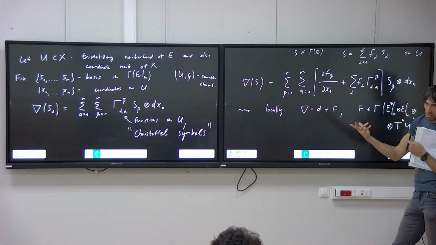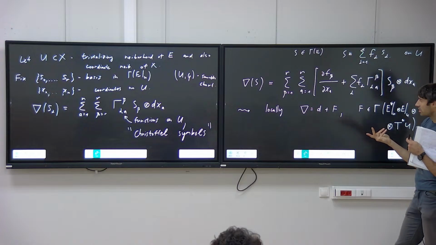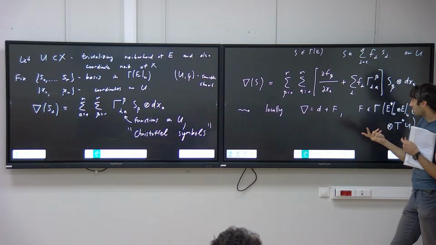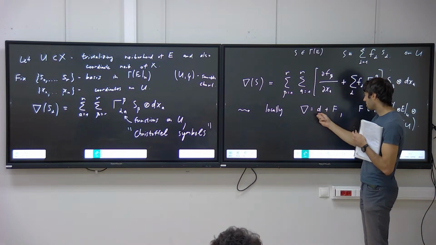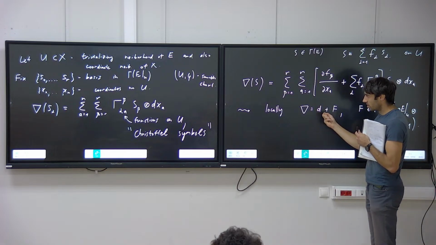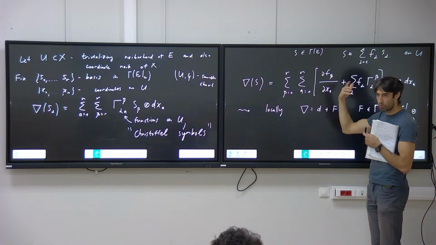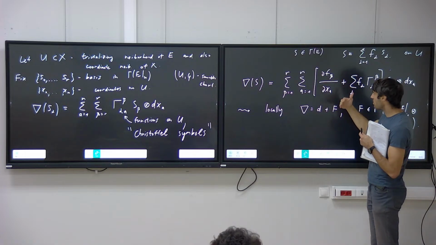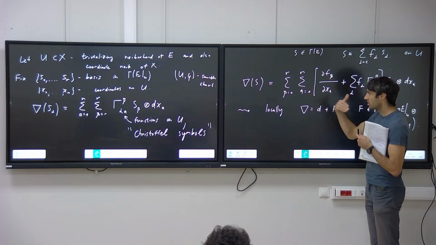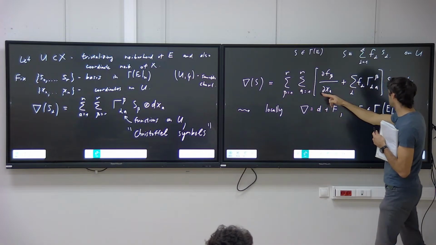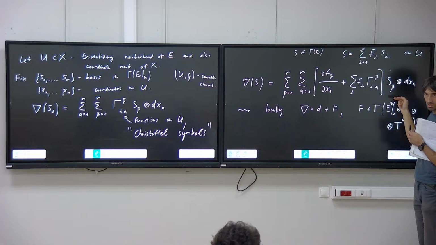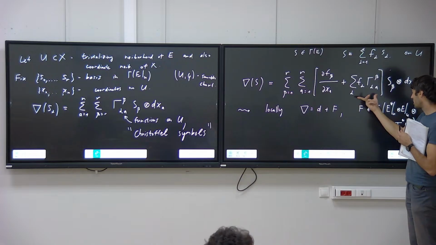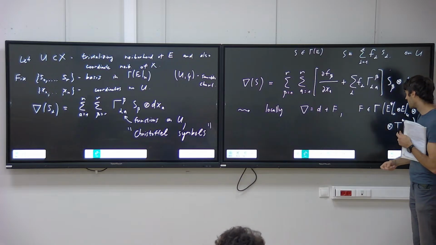Well, you can apply the exterior derivative to a function, but here you need to think about the exterior derivative as component-wise. So you need to fix a basis first and consider the component-wise exterior derivative. That's what this term is responsible for.